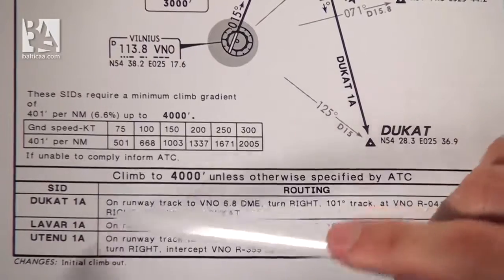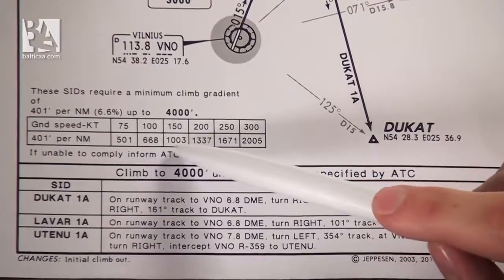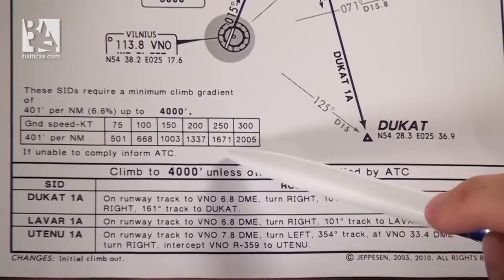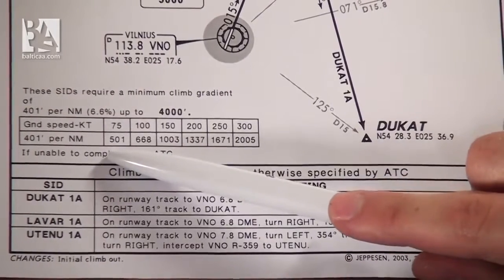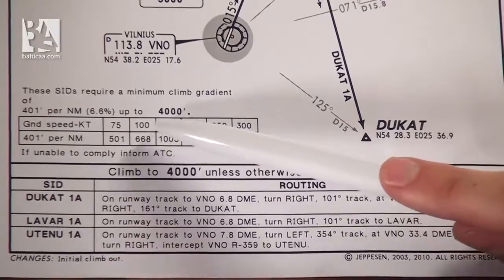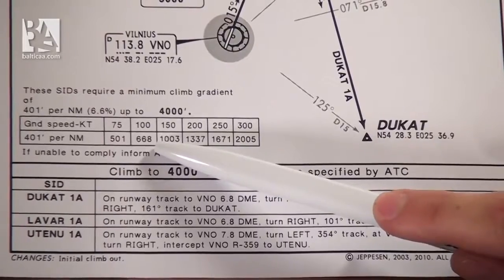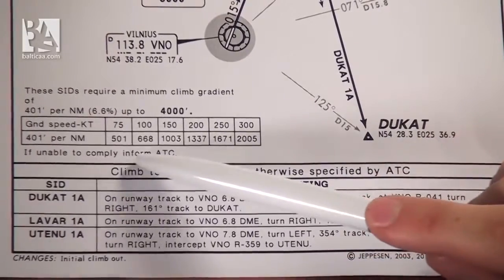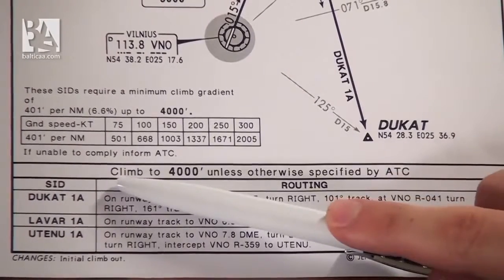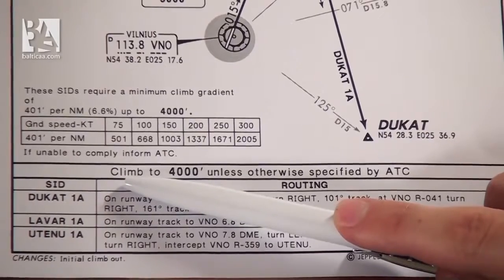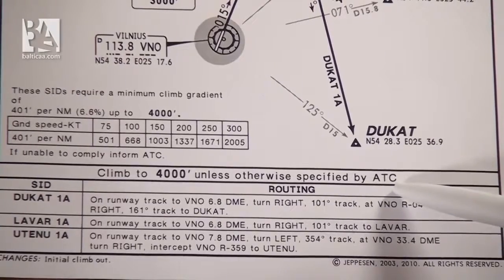According to our ground speed in the table here, we can see what would be the climb rate per minute to achieve the 401 feet per nautical mile. For example, if our ground speed is 100 knots, we should achieve 668 feet per minute. If unable, of course, we have to inform the ATC. Below all of that, we have information for our initial climb, which says climb to 4,000 feet unless otherwise specified by the ATC.